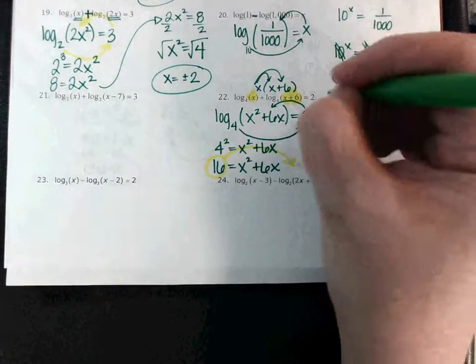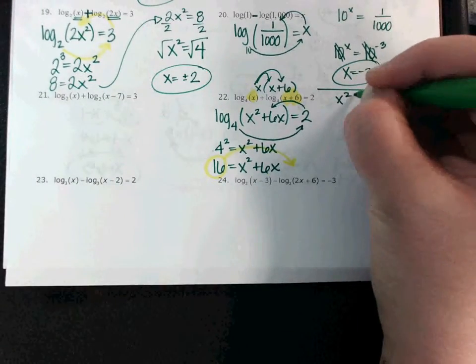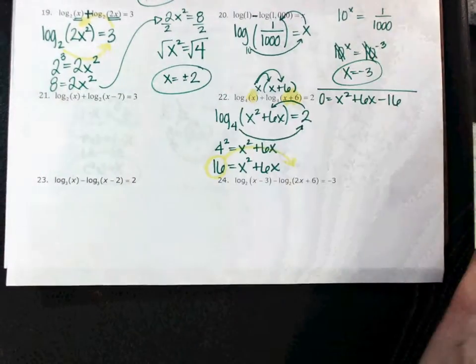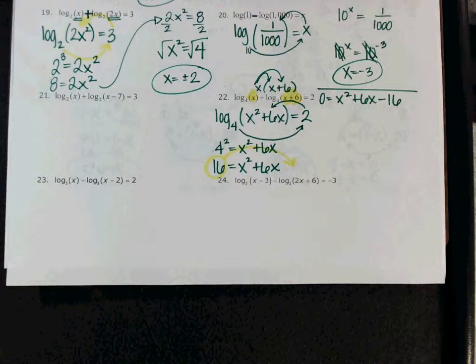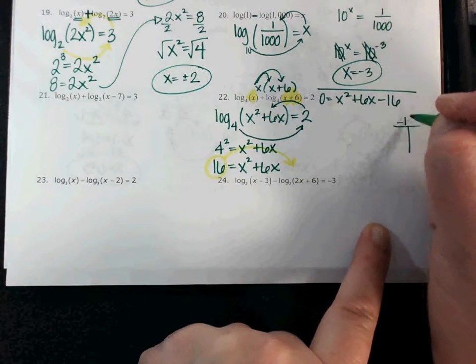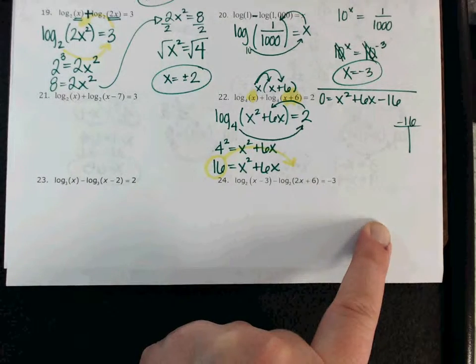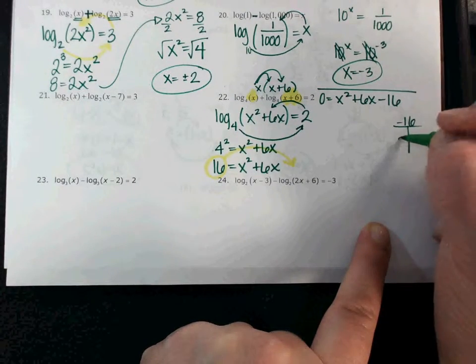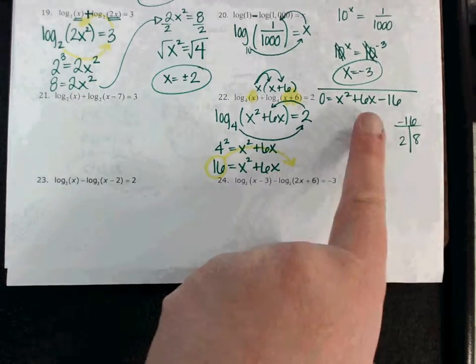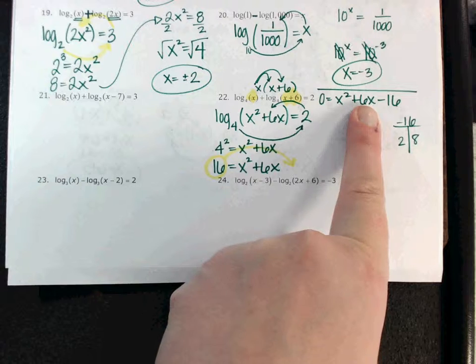So I have x squared plus 6x minus 16. And then you're going to t-chart that. So set up my little chart right here. Negative 16 at the top. What numbers will times to 16? 8 and 2. Okay, 8 and 2. 2 times 8. Now there are other numbers too, but we're going to pick those numbers because they have a difference of 6 in the middle like we want.